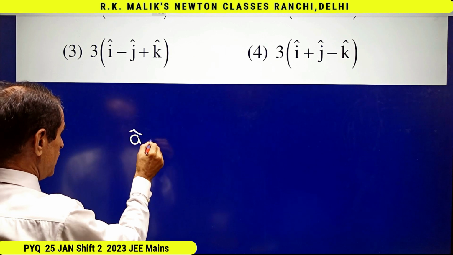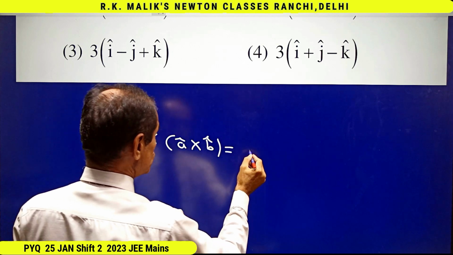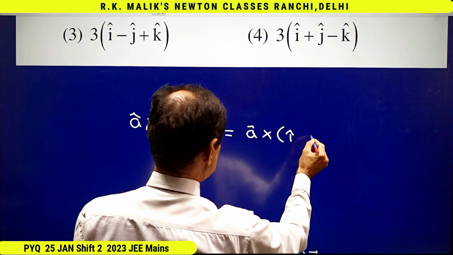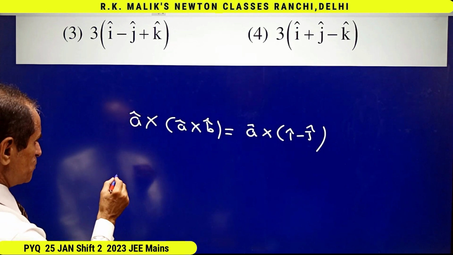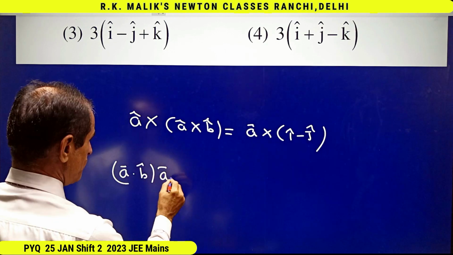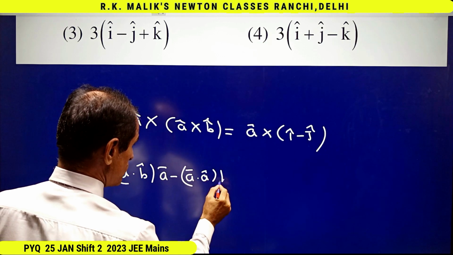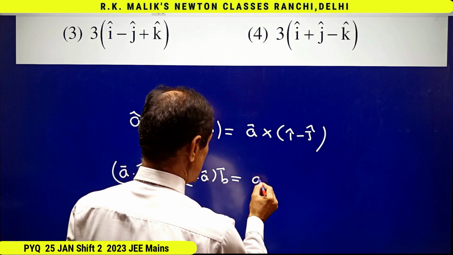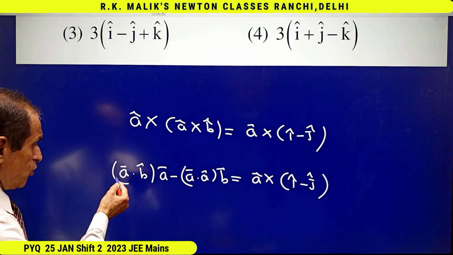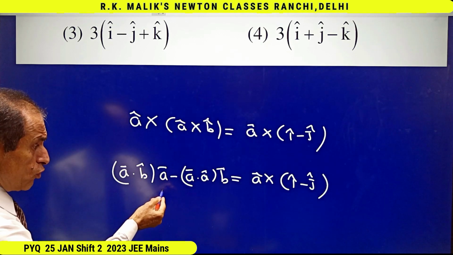I get A cross B is equal to A cross I minus j, and this means A dot B into A minus A dot A into B equal to A cross I minus j. Now A dot B is already known to me, vector A is known to me.